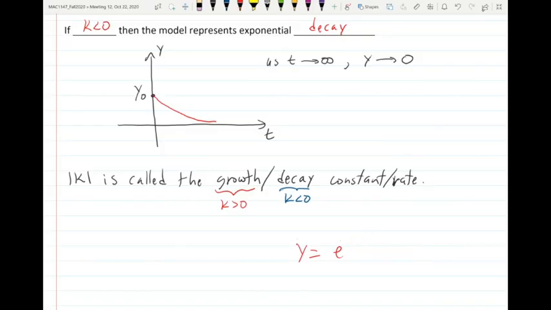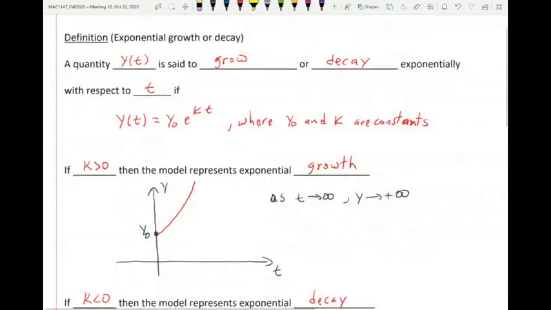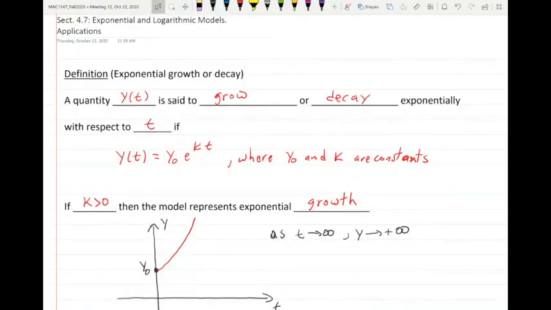In fact, the reason why I'm pointing that out is because notice that in this definition, I did not include the negative. You see, it's e to the kt, and the sign of k tells me everything. There are some places in which you're going to see this for decay, and then for growth they will write this.